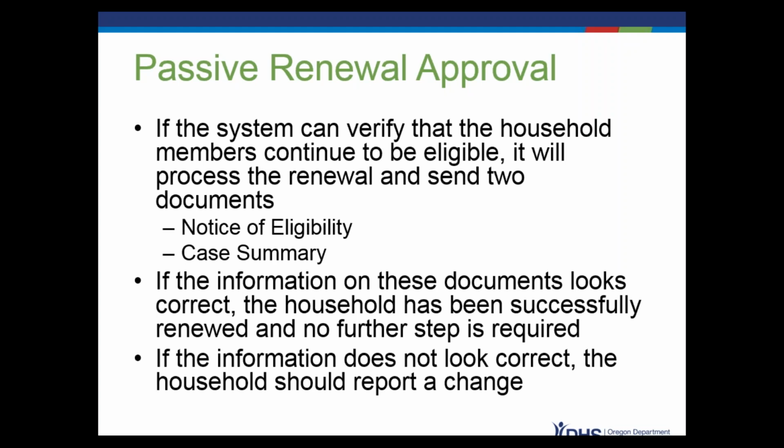If the information on these documents looks correct, then that means that the household has been successfully renewed and they don't have to do anything else to keep their coverage for the next year. If the information does not look correct, then the OHP member must report a change and get the correct information to us. And they can do that either through the ONE system, by calling in, or by faxing or mailing something.